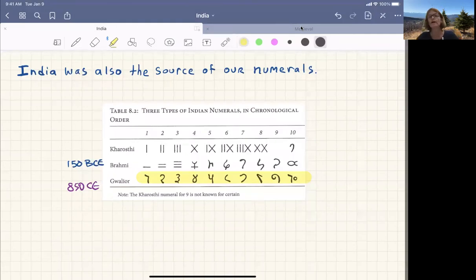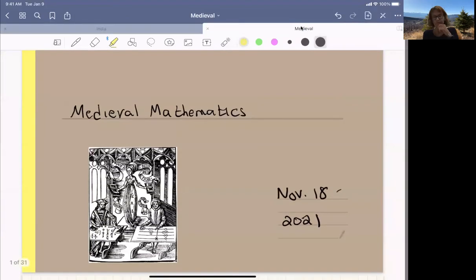That's going to bring us to some Arabic mathematics, as well as some very early European mathematics in the post-Greek time period. Okay, so we're going to begin with just a very brief review of what is going on in the history of the world during this time period.